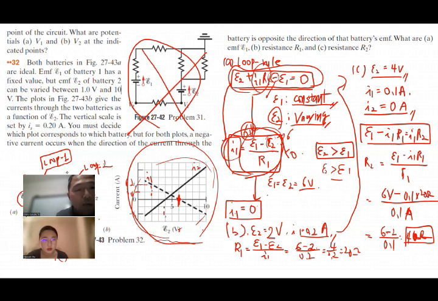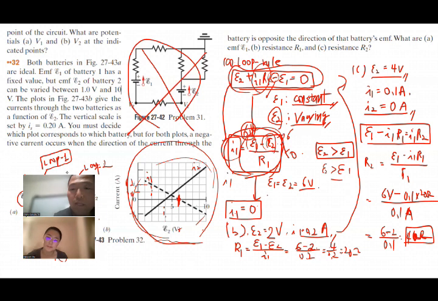Any part of this graph, if E1 is smaller than E2, then I1 should be negative.